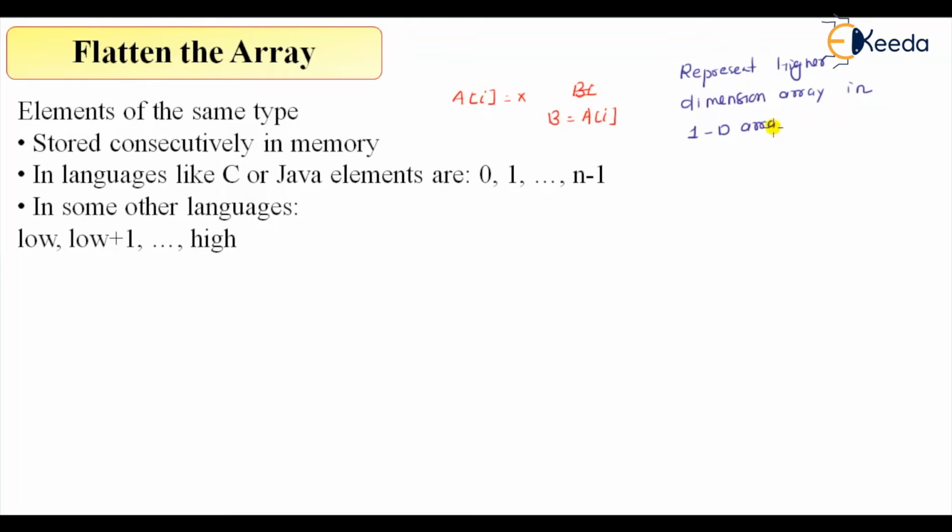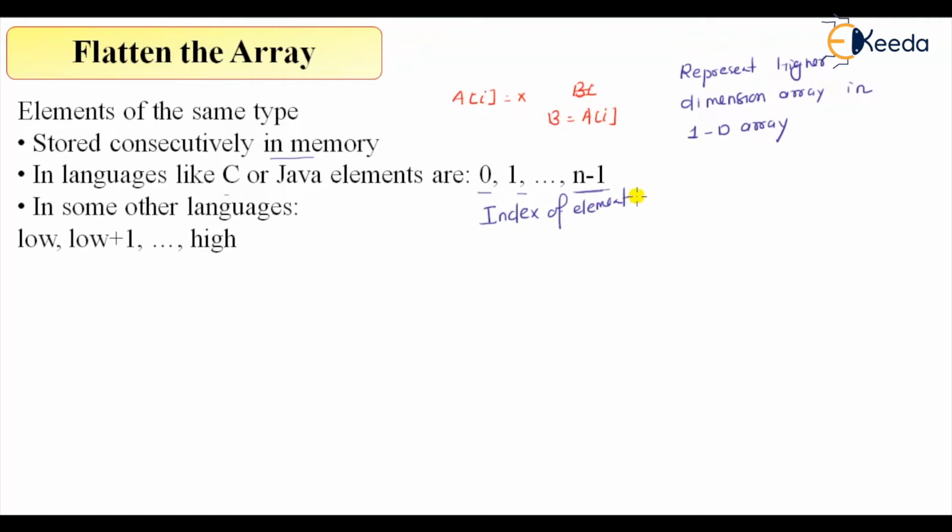That is why we are calling it flattening the array. Arrays are stored consecutively in memory, and in languages like C and Java, the indices of elements are 0, 1, up to n-1.